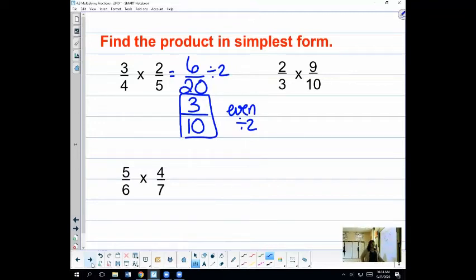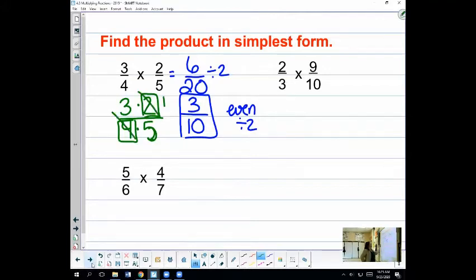There is another way to do this, and if you'd like to see that, I'll show you right over here. If I look at these numbers, 3 times 2 and 4 times 5, for a lot of people this is confusing. I use it all the time. 2 and 4 have something in common, right? I could divide both of those by 2. If I divide this by 2, I get 1.